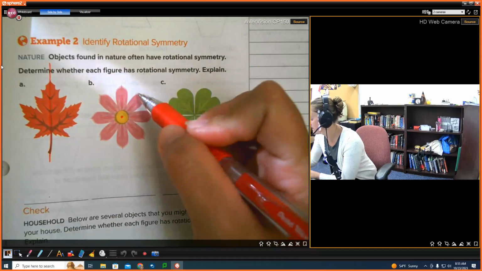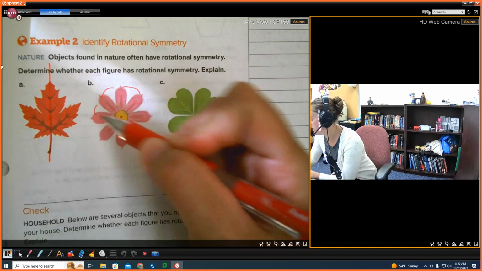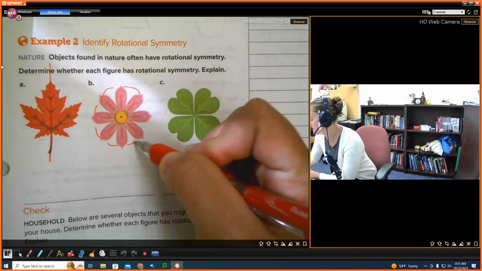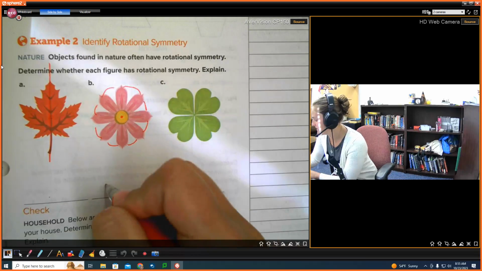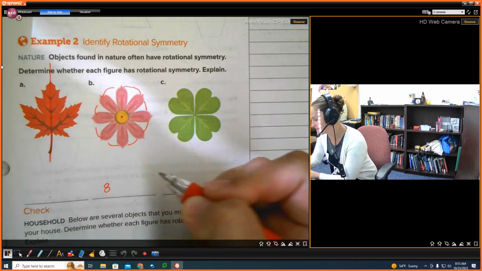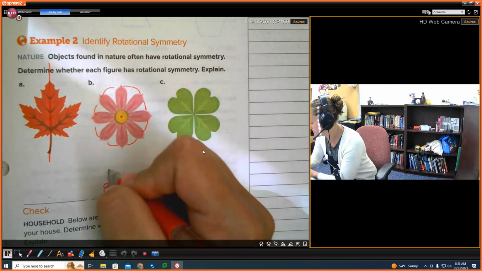How many? 1, 2, 3, 4, 5, 6, 7, 8, right? So this has an order of 8, and then the magnitude would be what?